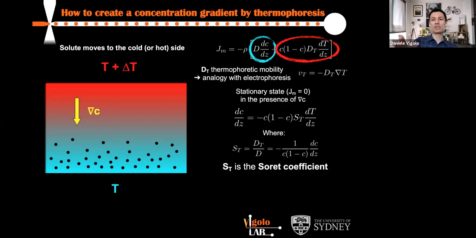Now, in this case, thermophoresis is obviously very similar, if you want to think of electrophoresis, but we don't have an electric field. What we have is a gradient of temperature in that case. And so once the flux of mass is equal to 0, we reach a stationary state, and we have an equilibrium between concentrations. Oops, sorry.